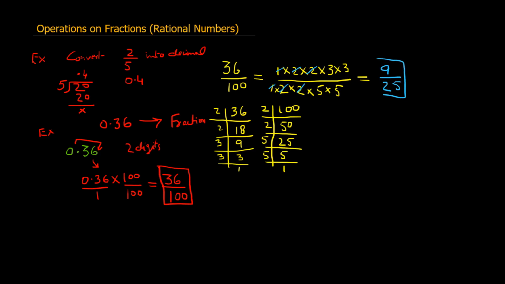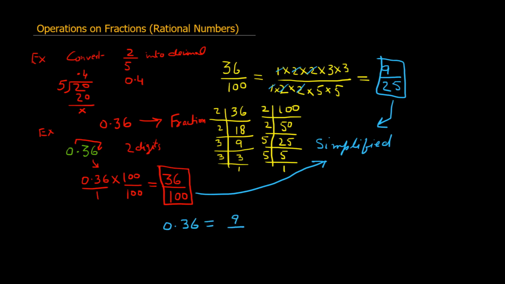So this is the simplified form of our 36 divided by 100. So it means 0.36 equals 9 divided by 25. This is the equivalent fraction of this decimal.